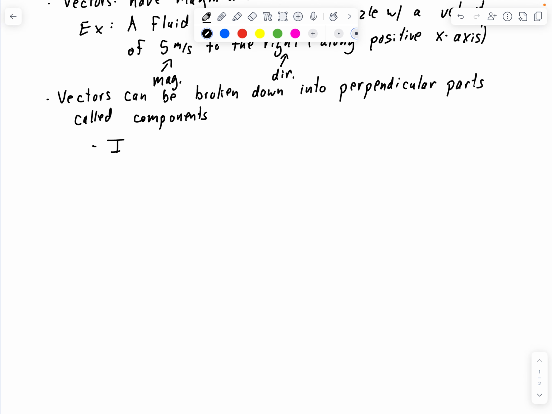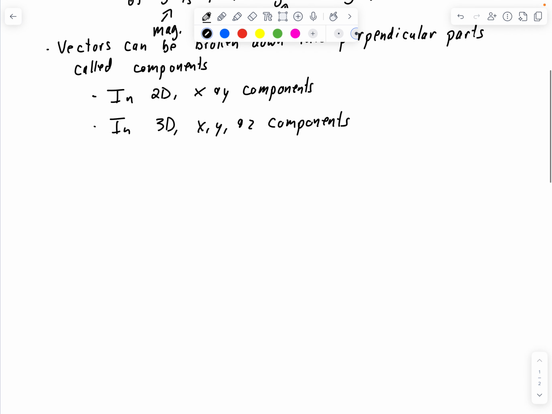Of course, the number of components depends on if you are in 2D or 3D. In 2D, you'll have x and y components, and in 3D, you'll have x, y, and z components. And why do we need to break things down into components?